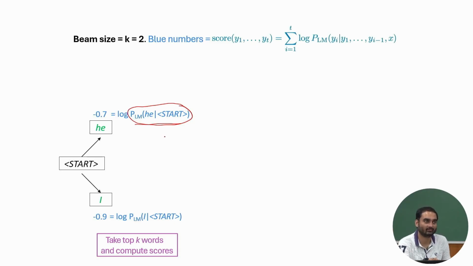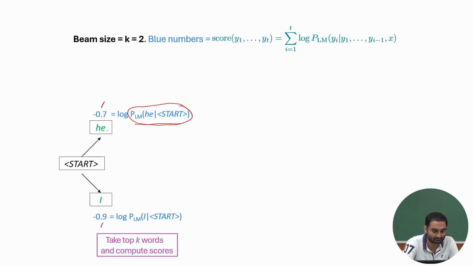Since these are probabilities, they range between 0 and 1, so the log will be negative. All these negative numbers will be added, and I will choose the hypothesis whose value is maximum, which is less negative. Here the score till this point is minus 0.7 and minus 0.9.